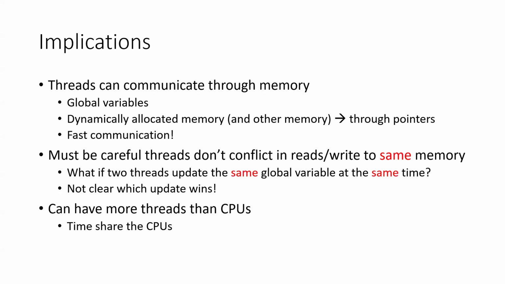But you must be careful that the threads are not conflicting in reads or writes to the same memory. If 2 threads are both writing to the same global variable at the same time, there's no guarantee which one will win. So that may cause memory corruptions, unexpected behavior, and seg faults.